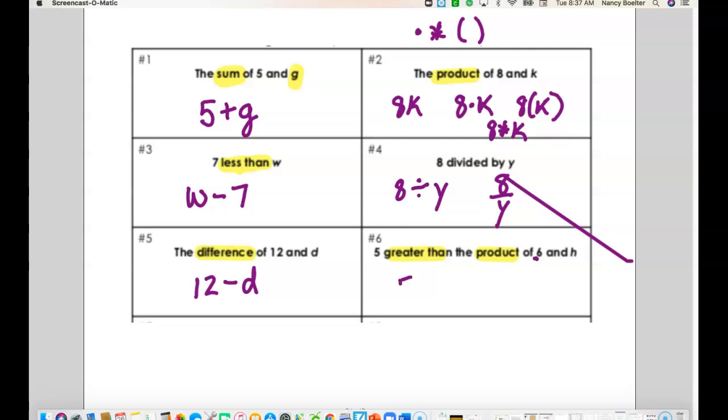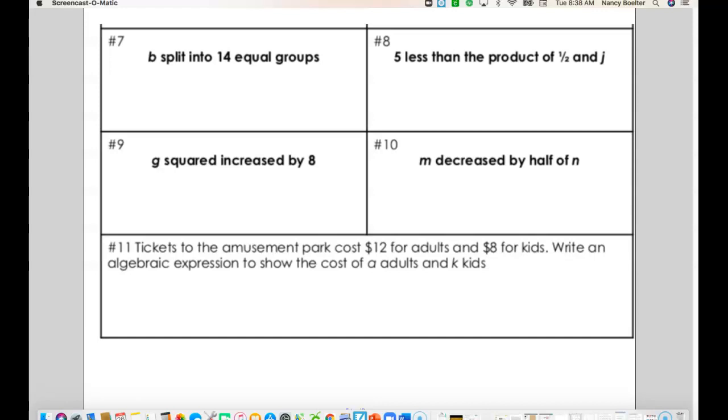So we'd have 5 plus, then we have product of 6 and H. So we want to write it out either like this or 5 plus 6 times H. Okay, I want you guys to solve these problems, and then we will go over the correct answers.